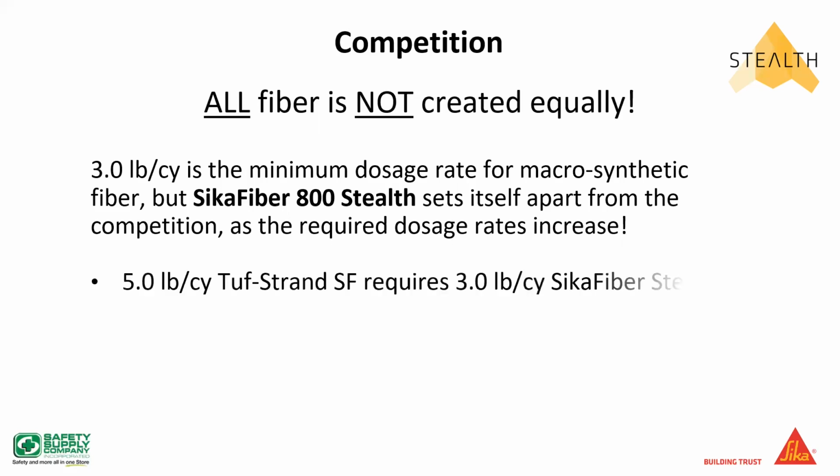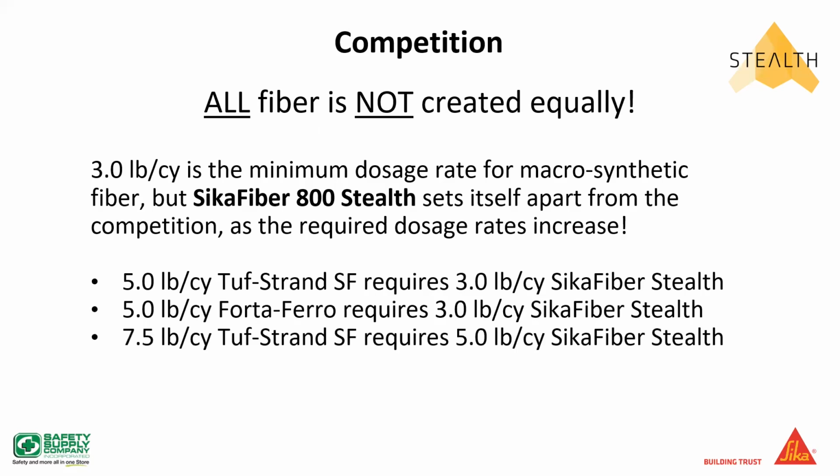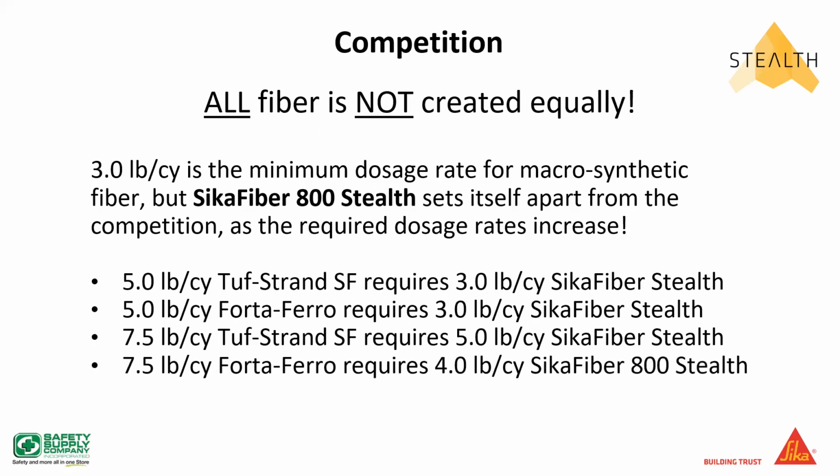But where we do differentiate ourselves are things like this: 5 pounds of Tuff-Strand, we can use 3 pounds of Stealth. 5 pounds of Forta, I can use 3 pounds of Stealth. 7.5 pounds of Tuff-Strand, I can use 5 pounds of Stealth. 7.5 pounds of Forta, I can use 4 pounds of the Stealth.